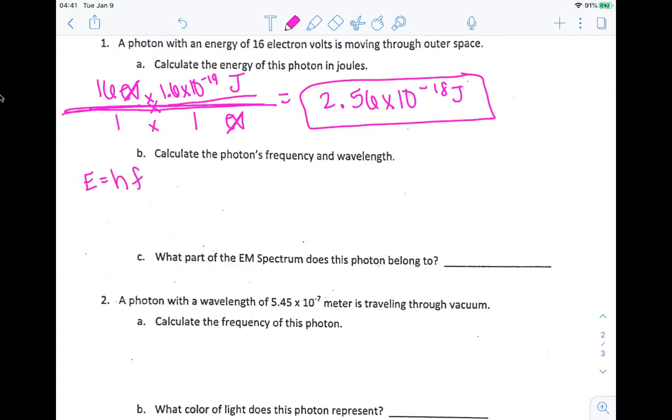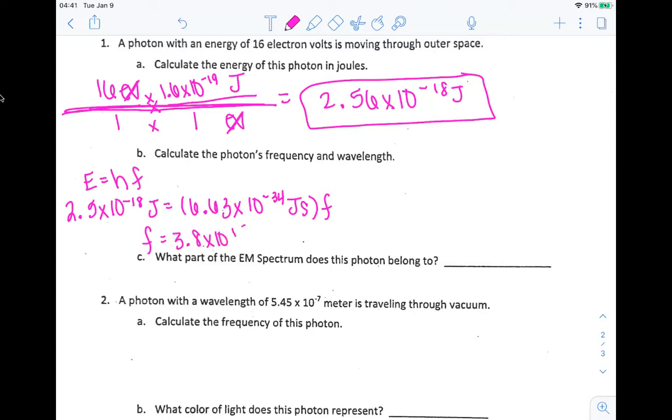E is the energy that we just solved for, so 2.56 times 10 to the negative 18 joules is equal to Planck's constant, 6.63 times 10 to the negative 34 joule seconds, multiplied by f. Solving for f, make sure that you use parentheses, always, always, always. You should end up with 3.8 times 10 to the 15 hertz.